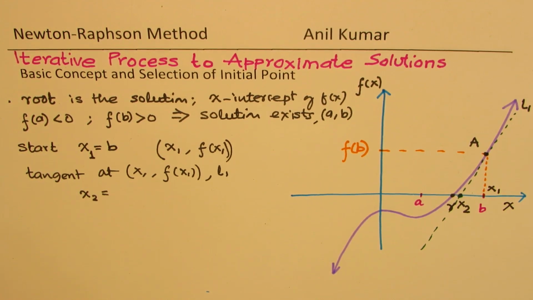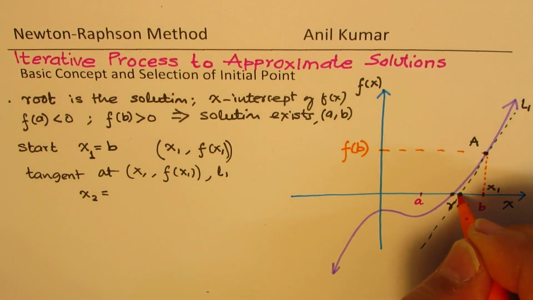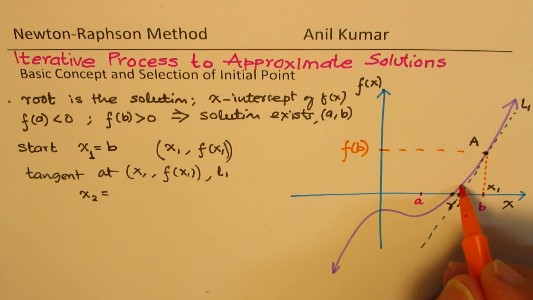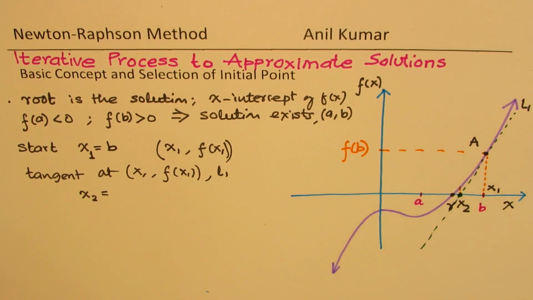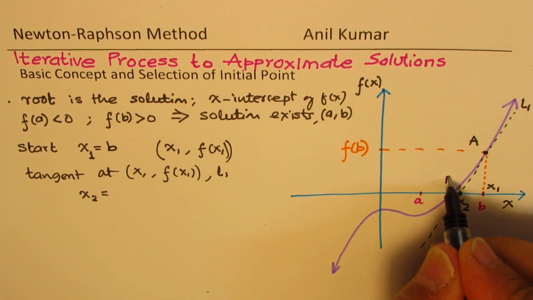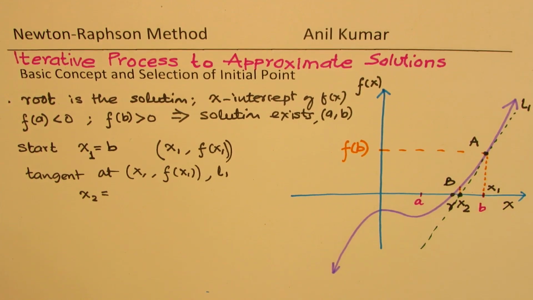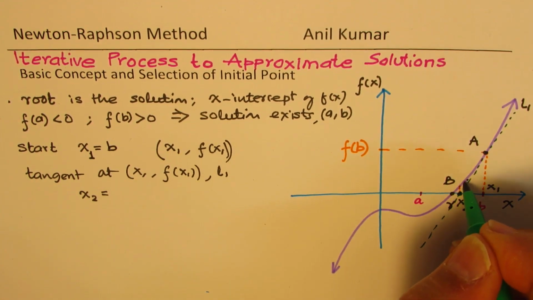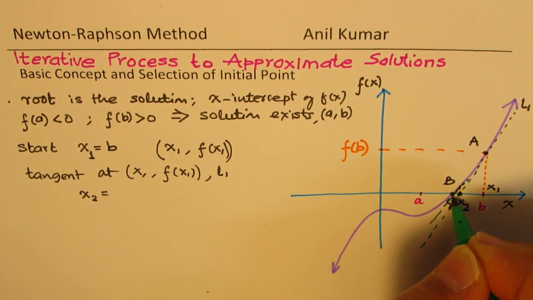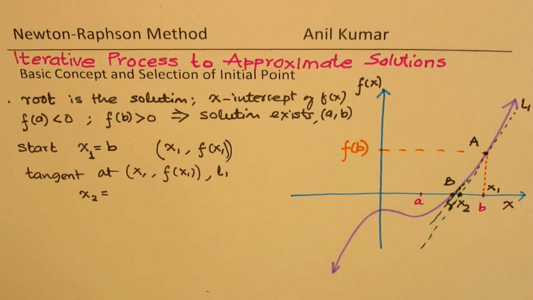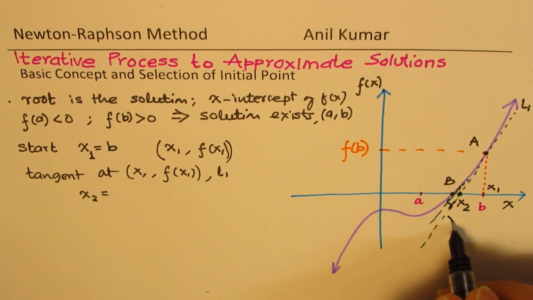Now, again, if we find the value of the function at this point, let's say we get a point B, in that case, if I draw a tangent at B, we approach a point very, very close to r, which let's call x3.